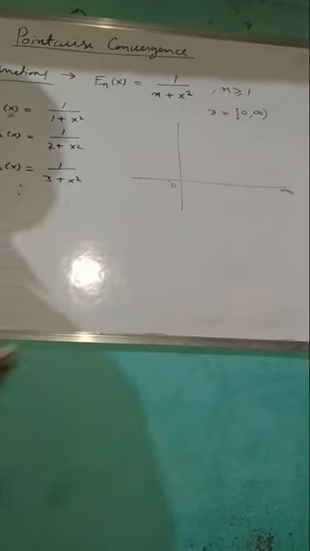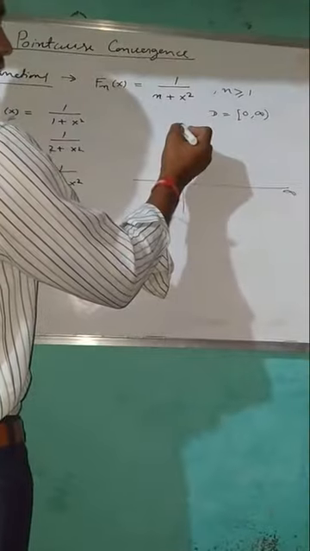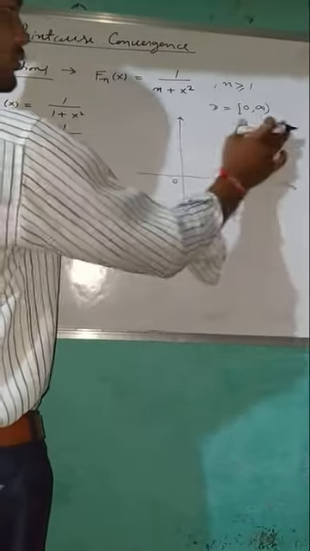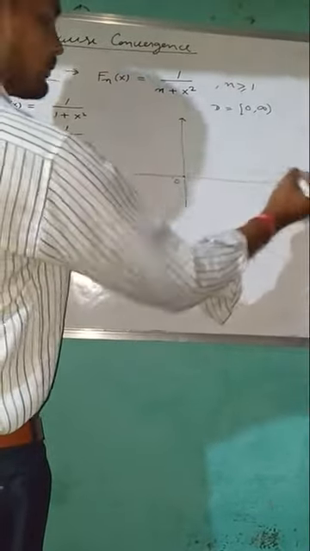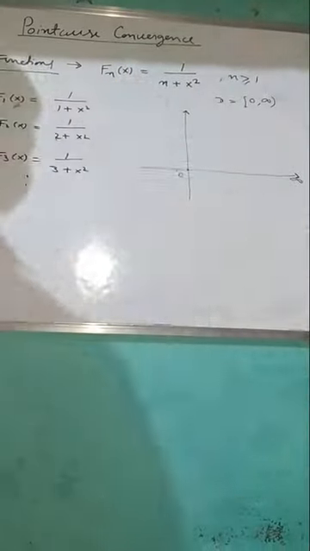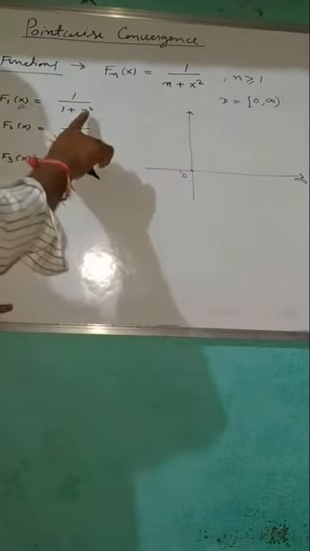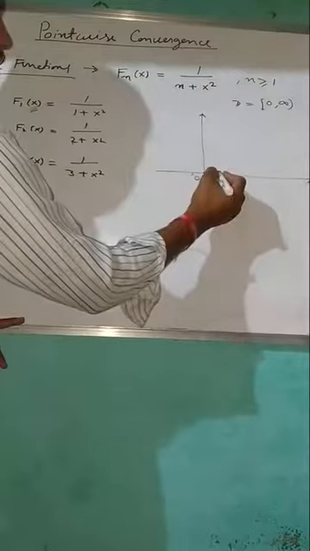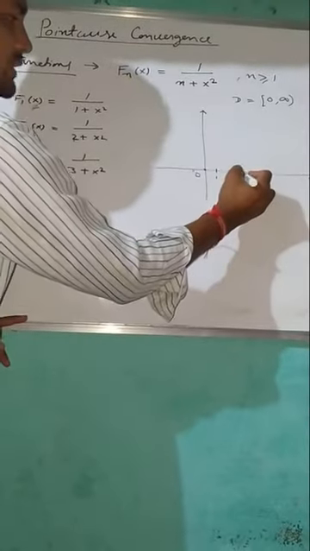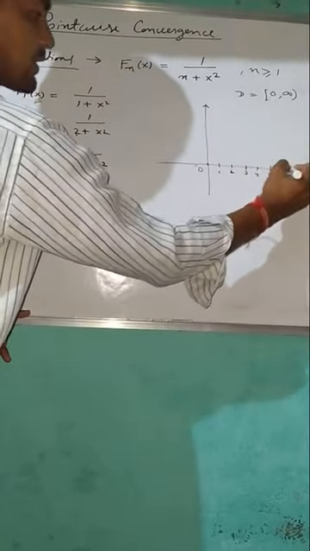For example, this is the graph on the domain from 0 to infinity. This is the line of the domain, the real line. Suppose these points are 1, 2, 3, 4, 5, and so on.